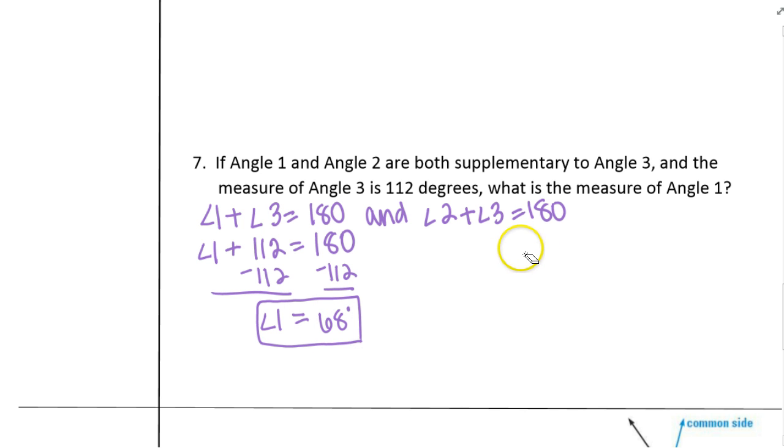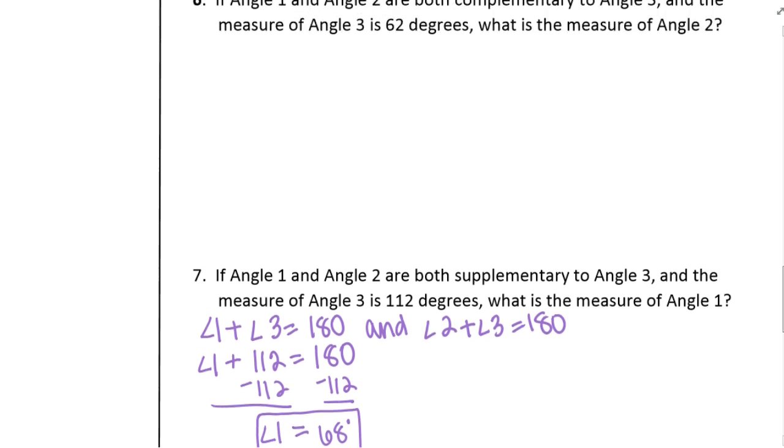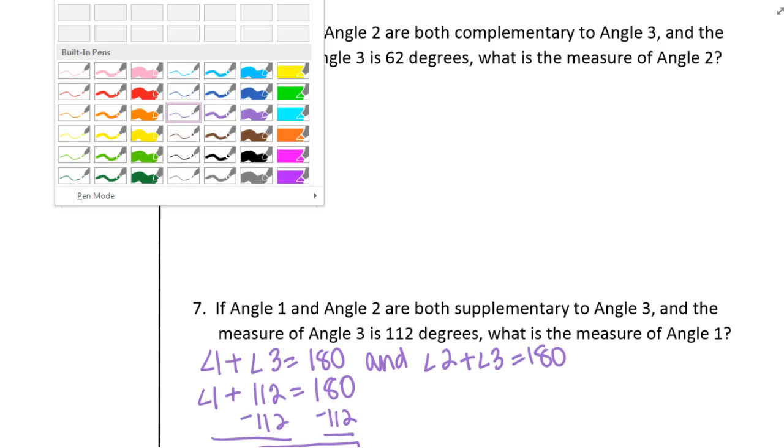Do you need to take care of the second equation? No, because all they asked for was angle 1. So basically what we did here is we said, if they want angle 1, we'll use the equation that has angle 1 in it. If they happen to have said they want angle 2, then we would have used this equation and we would have found angle 2.